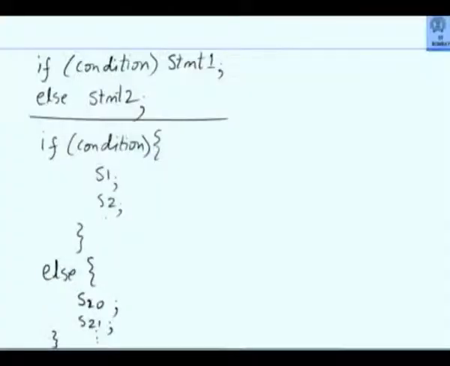There is no harm. Because later on, if you suddenly remember, oh, if that condition is true, apart from this, I also have to do this and this, then I can insert it and it will not be a mistake because I will be putting that inside the curly bracket. Is that clear? Okay.